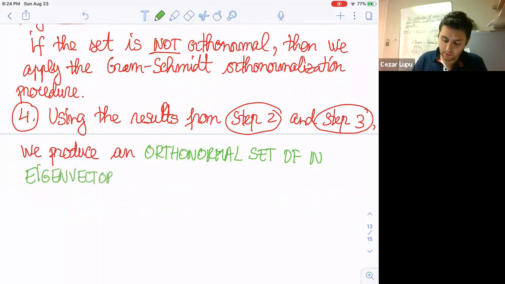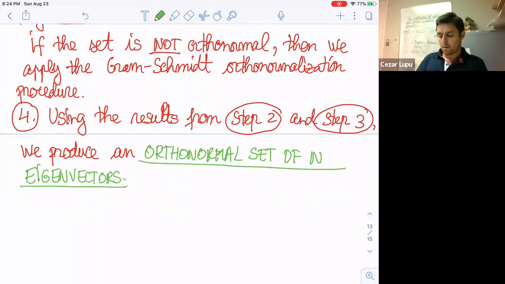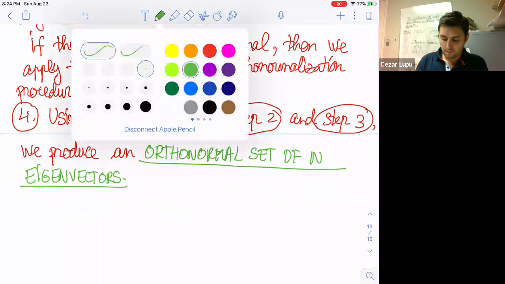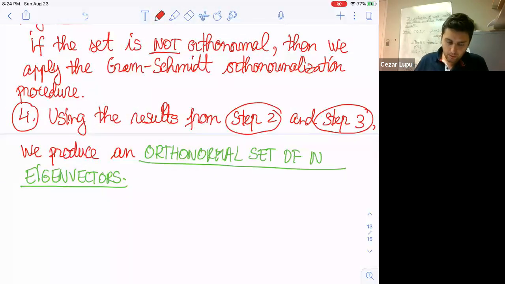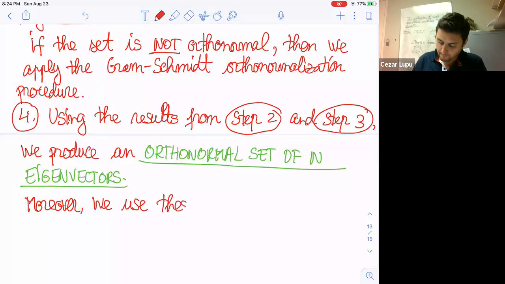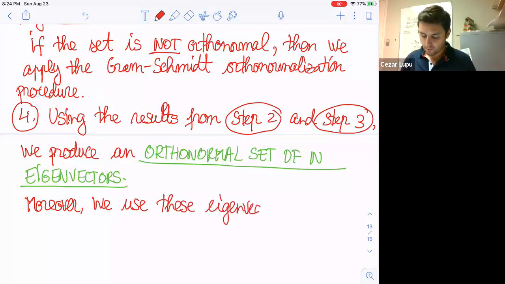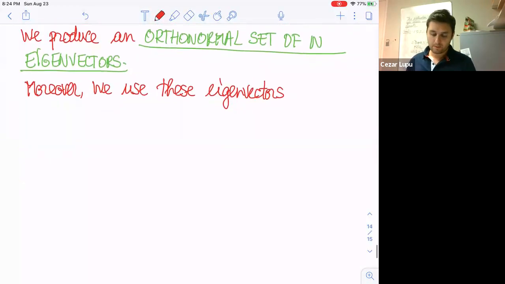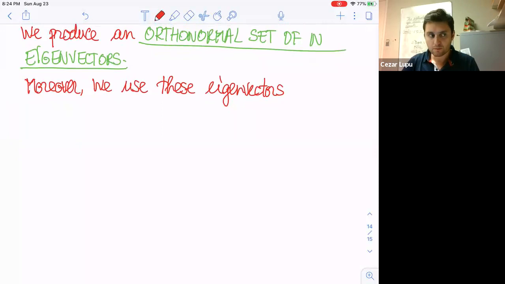That's what we want to produce at the end. And we use these eigenvectors to form the columns of the matrix P.